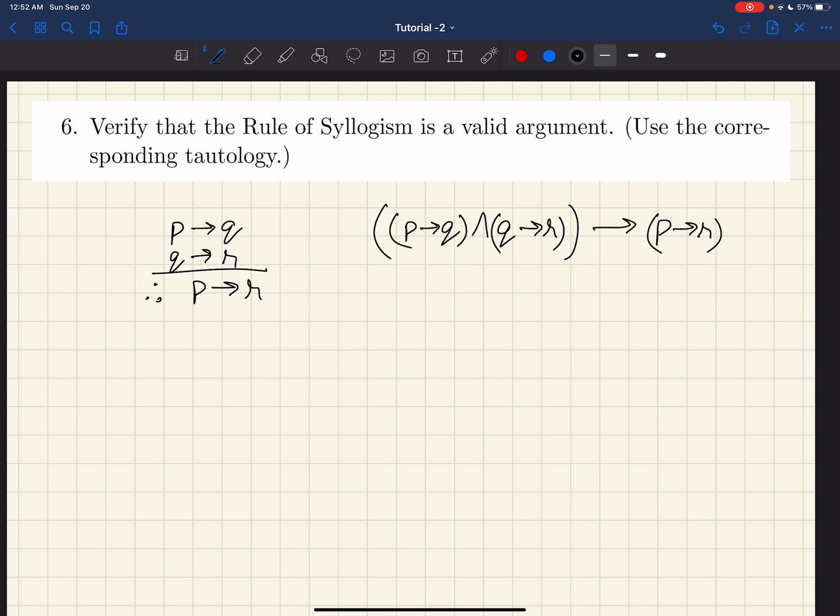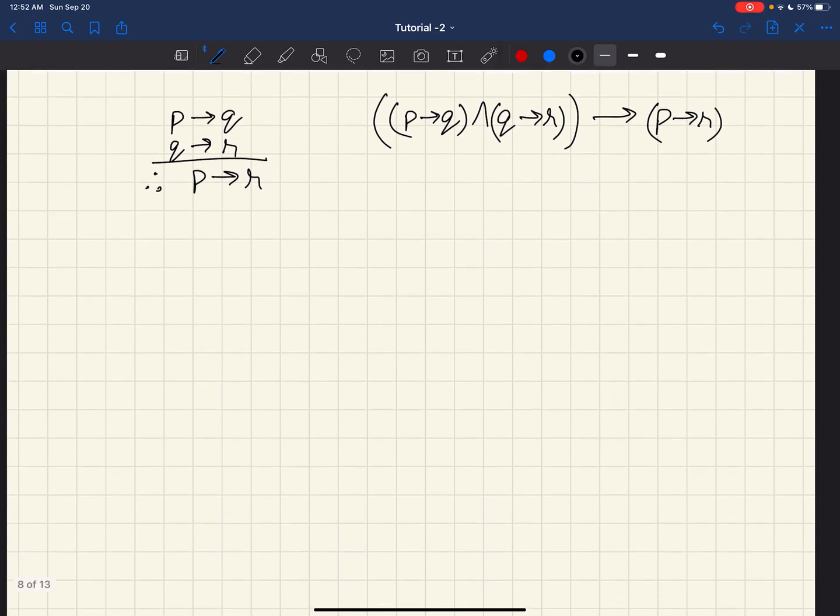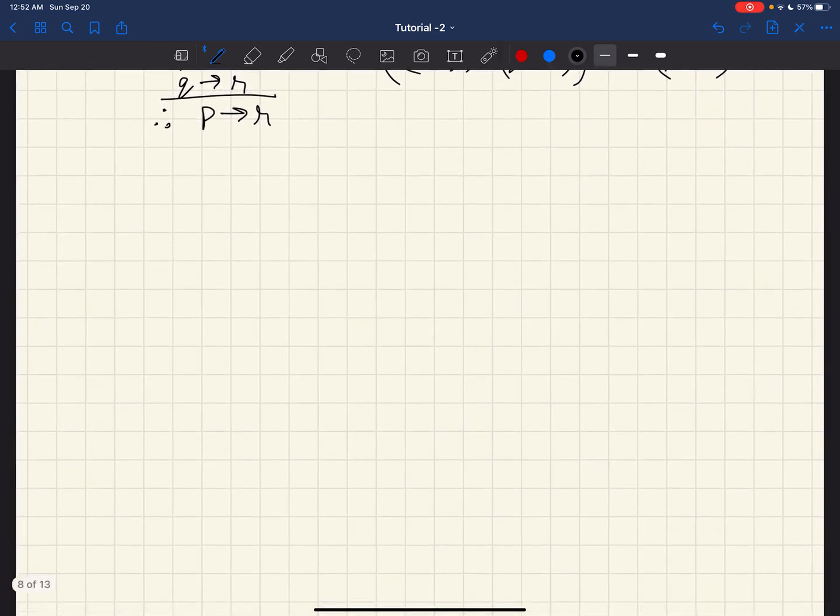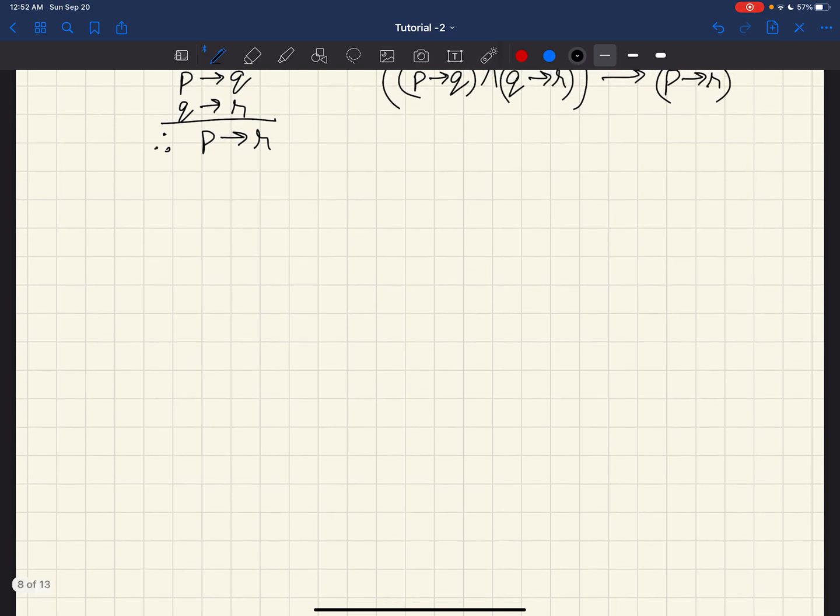So to verify this using this tautology, we can again do this by creating a truth table.